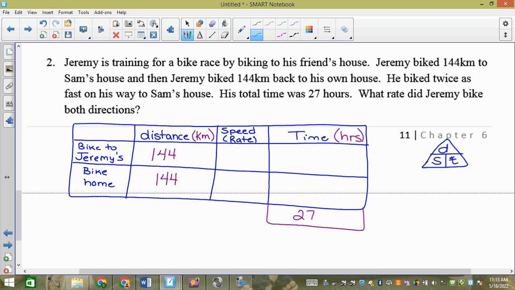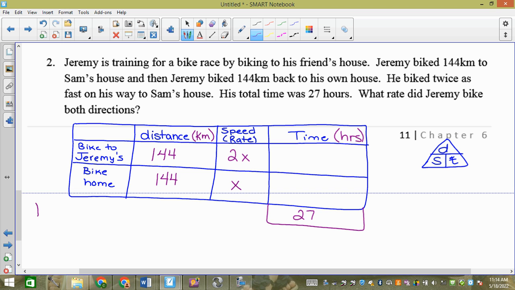Now, he biked twice as fast on his way to Sam's house. So that would be 2 times the speed of biking home, correct? So what could we label biking home as? X. And then biking to Jeremy's friend would be 2x.